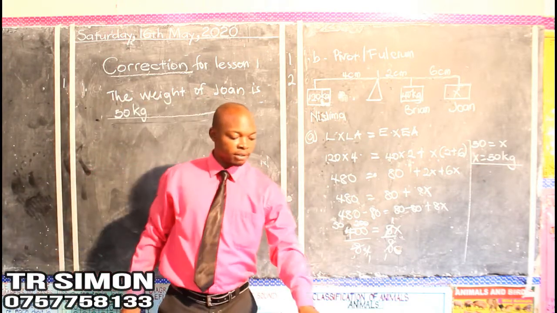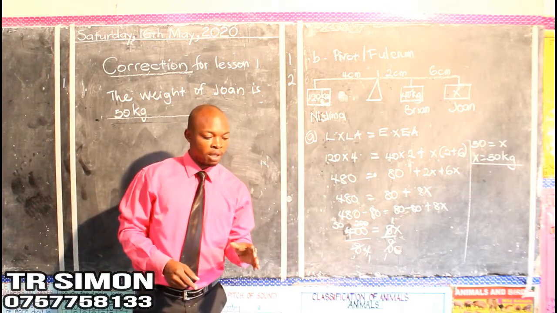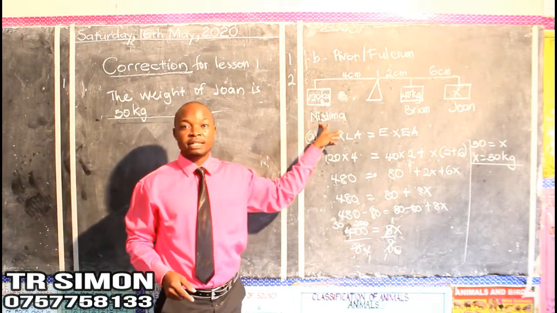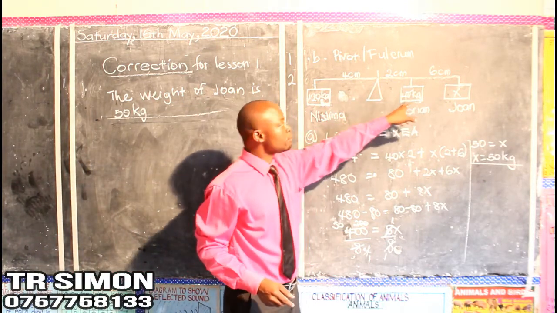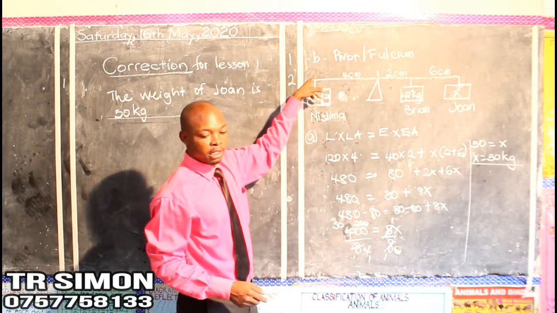Number 2B, it is saying how far is Brian from Onisima? How far is Brian? This is Brian from Onisima. Onisima is sitting at this point of 120 kilograms.